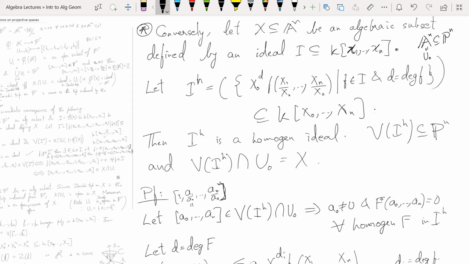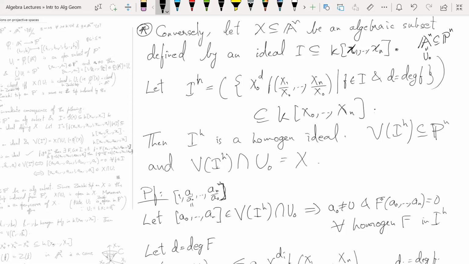So let I^H, H for homogenization, be the ideal generated by x0^d f(x1/x0, ..., xn/x0), where f belongs to this ideal I. So I is some ideal which defines X. So you consider f(x1/x0, ..., xn/x0).